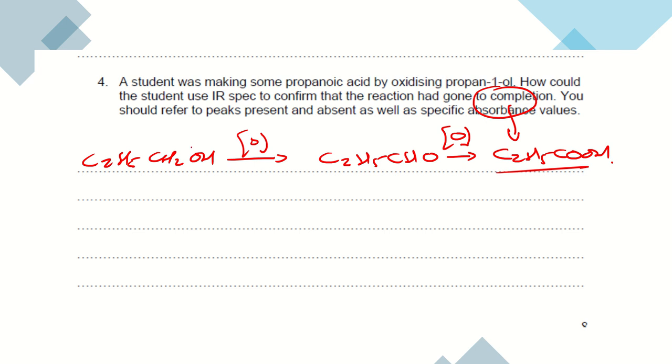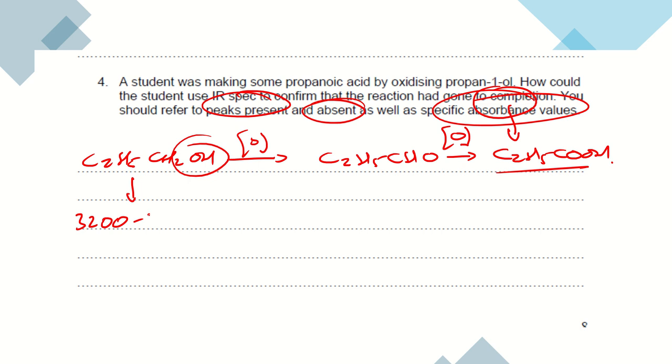You've got to again make reference to peaks that are present, peaks that are absent, and talk about specific absorption values. So we start off with the peak we will have for the alcohol, which is roughly 3200 to 3500. Now if it has gone to complete oxidation, that OH alcohol peak will have gone, so it will now be absent.